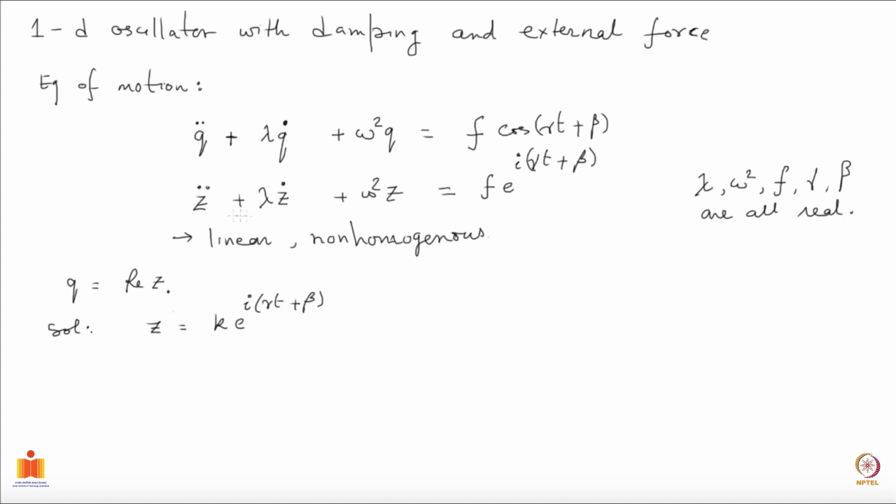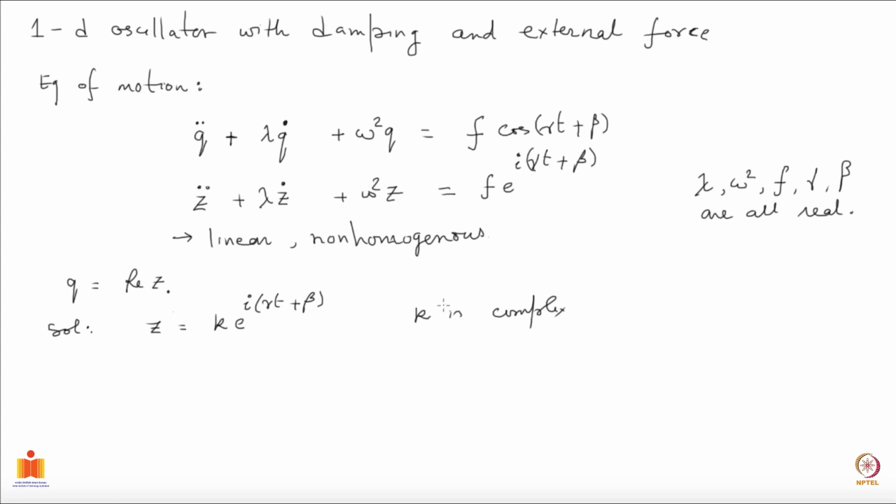Because whatever exponential of something you take, it will return back the z, but for this to work, your z should have this thing in the exponential, otherwise it will not work. So that's why we have this choice. But k is to be determined, and k is complex. We are looking at complex equations.